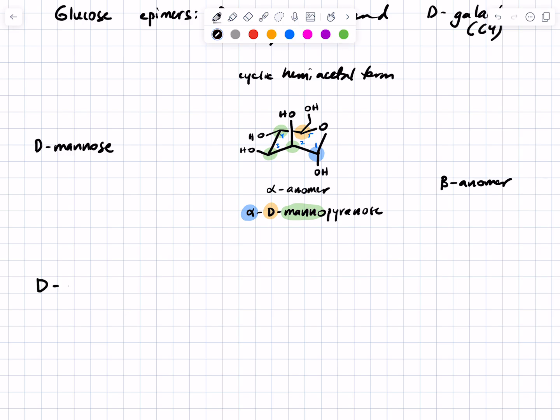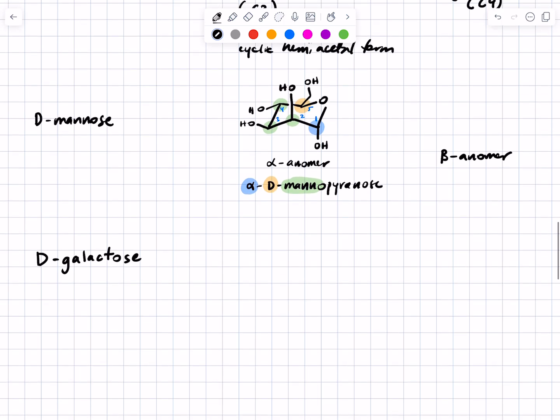The second sugar, or rather the third, in addition to glucose and mannose, is called D-galactose. And if that sounds like galactic, that's on purpose. It turns out our term galaxy comes from the Greek for milk because of the Milky Way. And galactose is a carbohydrate that's found in the milk oligosaccharide lactose.